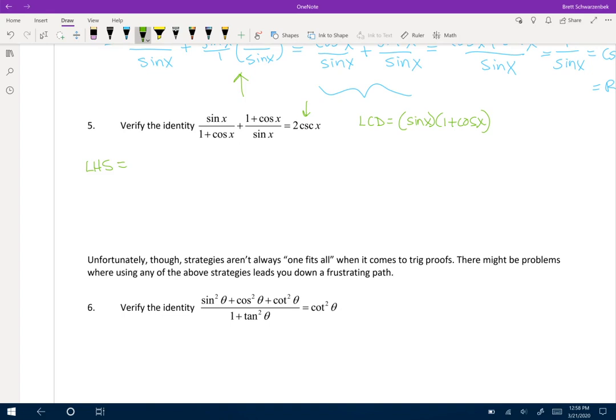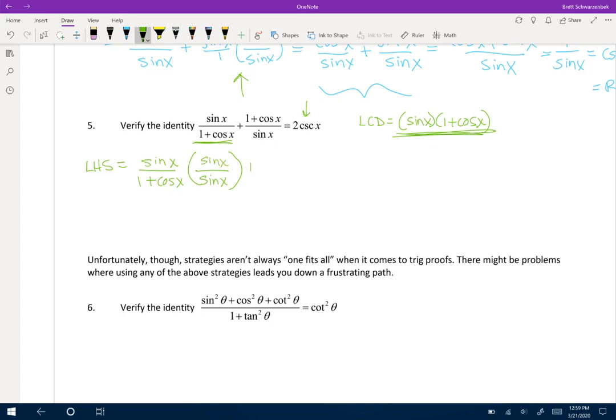We'll start with sine x over 1 plus cosine x. We have to multiply this by the equivalent of 1 to turn this denominator into this one. We have to multiply by sine x, but in order to not change the value, this entire fraction we're multiplying must be equal to 1. So that means this also has to be sine x.